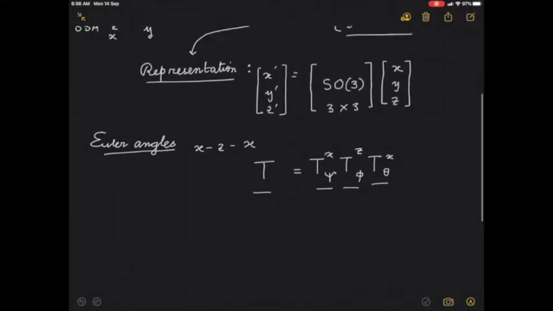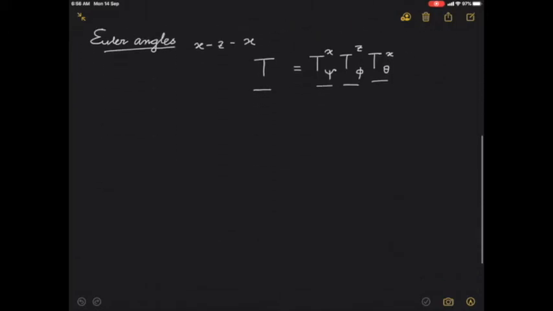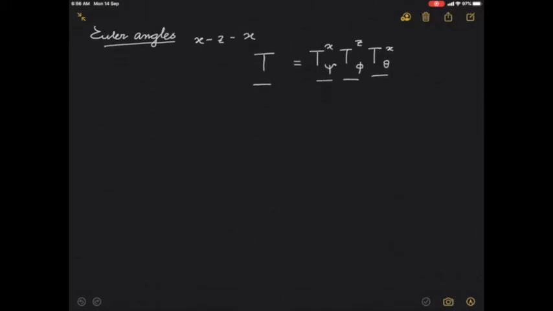Today we will see how to represent the same 3 rotations in a different representation. And at the end of the class today, you will see several reasons why one wants to represent the 3 rotations in a different representation, which we will discuss today.